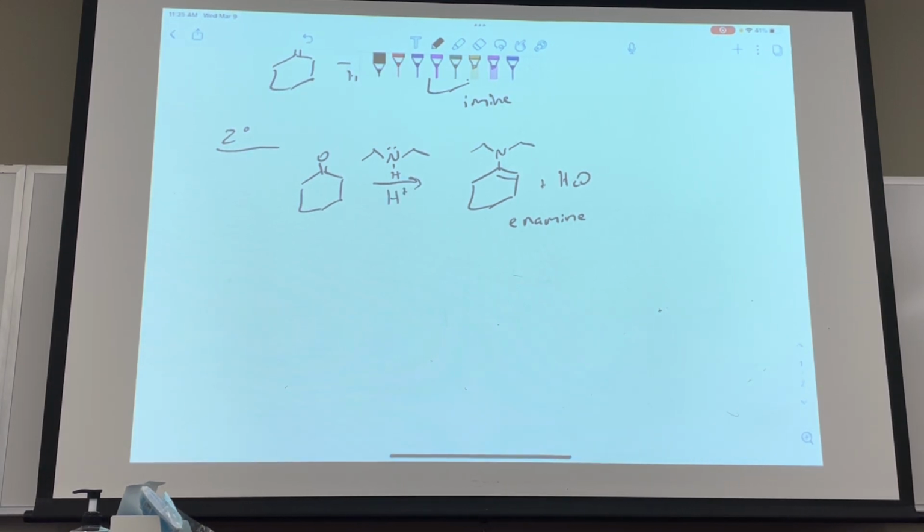Like all of these mechanisms that are acid catalyzed, the first step is going to be having the carbonyl go to grab the proton. Right, so nothing surprising there. And for the most part, this mechanism is going to track fairly closely the mechanism that we did with the primary amine. So the first thing is we protonate the carbonyl.